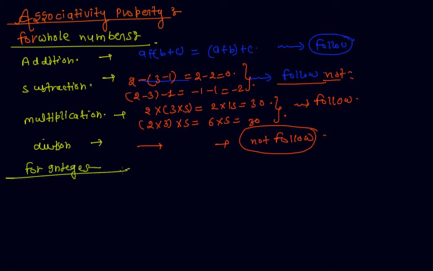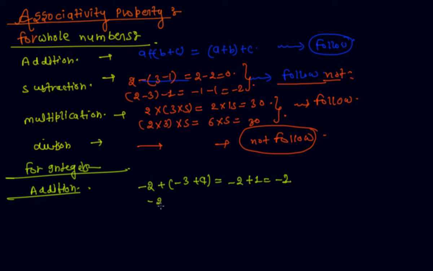Now for integers, in the case of addition. Let's take an example: minus 2 plus (minus 3 plus 4). So the answer is minus 2 plus 1, which is equal to minus 1.